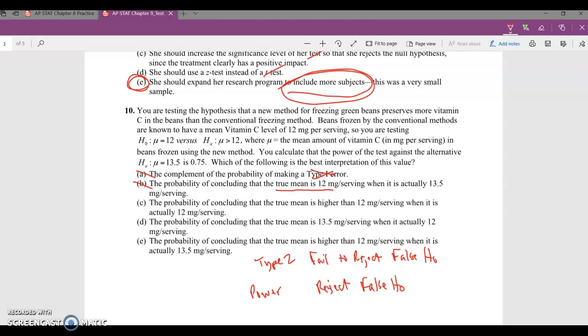That's an error. No, that's not what power is. Power is good. Power is being correct. The probability of concluding that the true mean is 13.5 milligrams per serving when it's actually 12. No, that's an error. The probability of concluding that the true mean is higher than 12 when it is actually a specific value, 13.5. Yeah, that's correct. That's our power.